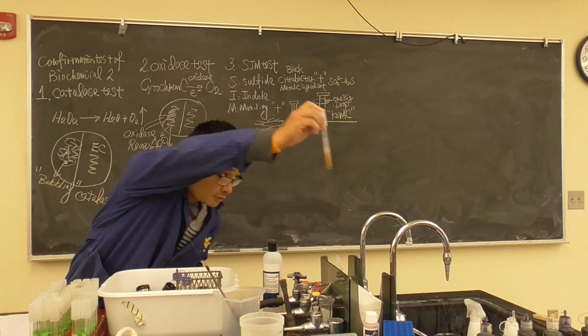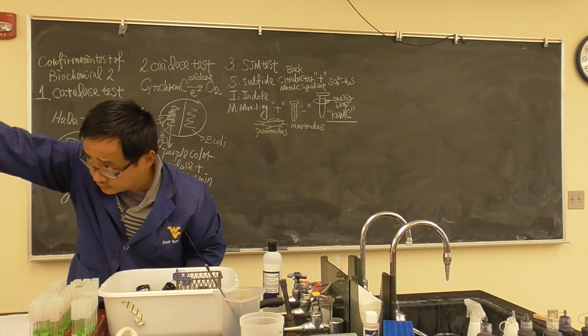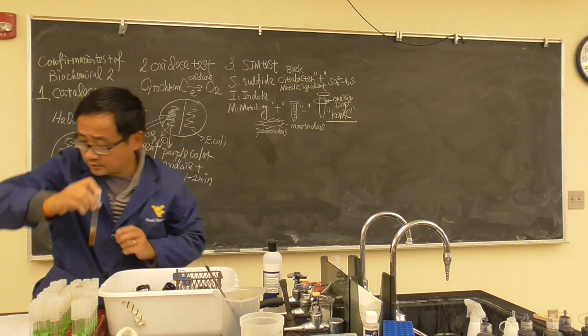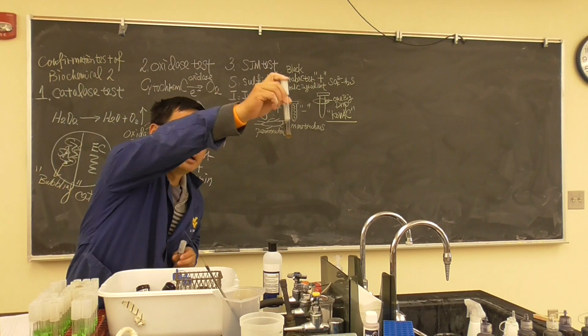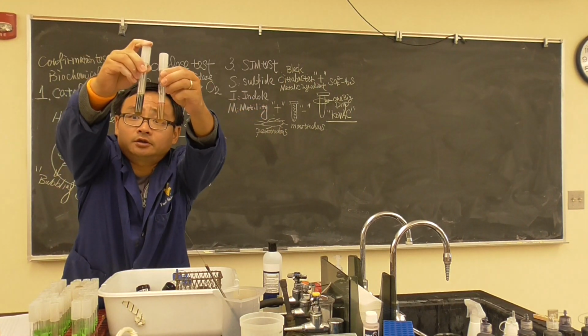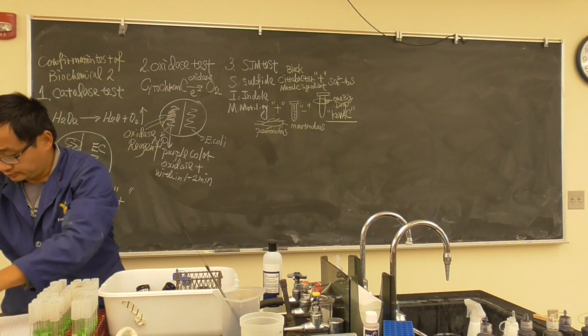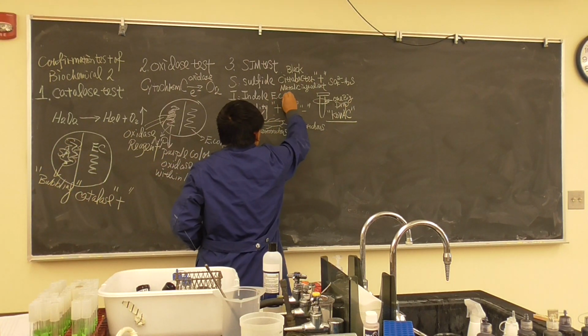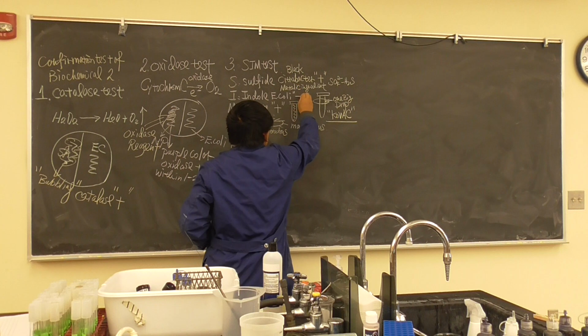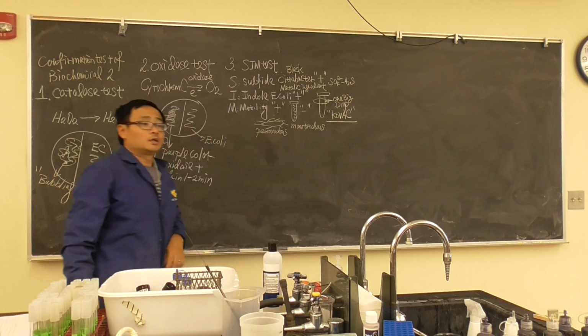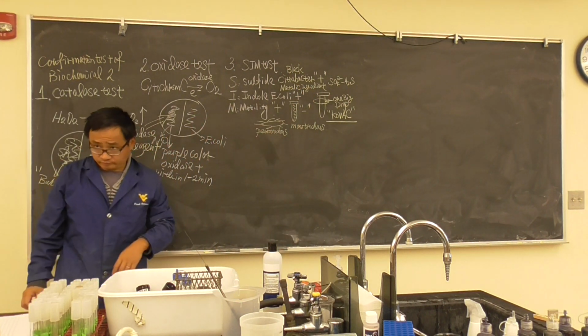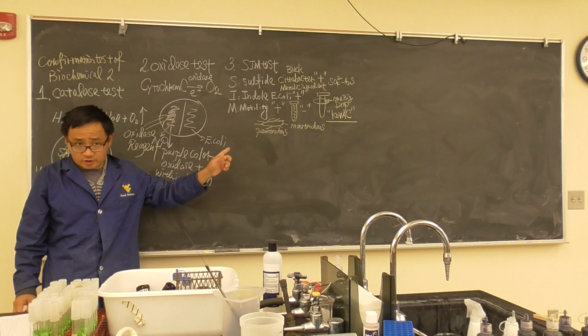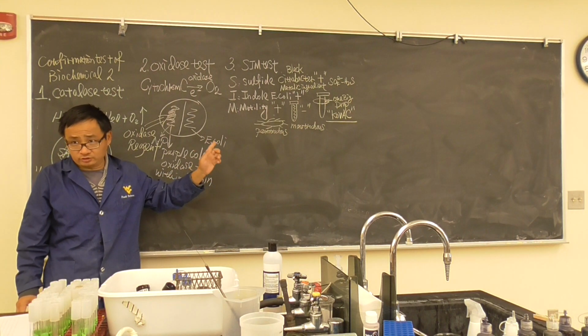Do you see cherry red color there? How about this one? Nothing there. Can you see it? E. coli is Indo positive. And always remember, the easiest way to test E. coli is Indo test.